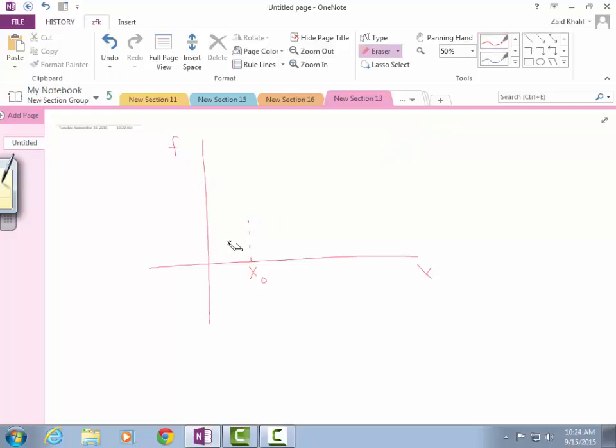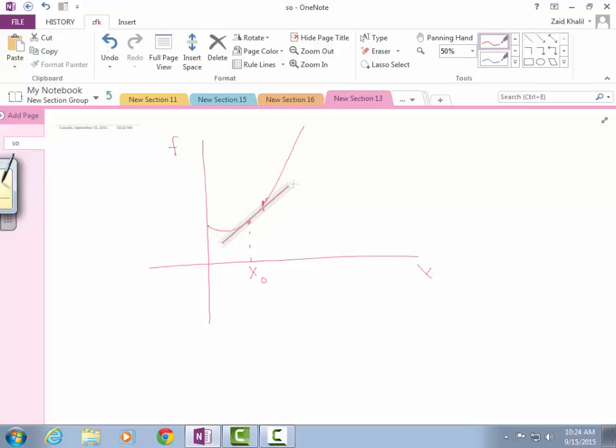I want to have some type of exponential character. So there's x0. If I wanted to find f of x at that point, what I could do is draw a line tangent to the curve, right?